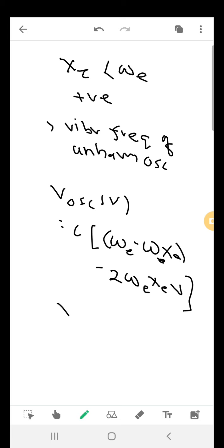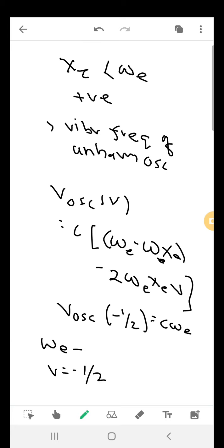And the frequency nu oscillation at V equal to minus 1 by 2 is equal to c omega_e, where omega_e is the vibration frequency that an anharmonic oscillator would have classically for an infinitesimal amplitude, an imaginary case, and V equal to minus 1 by 2 is the very bottom of the potential energy curve.